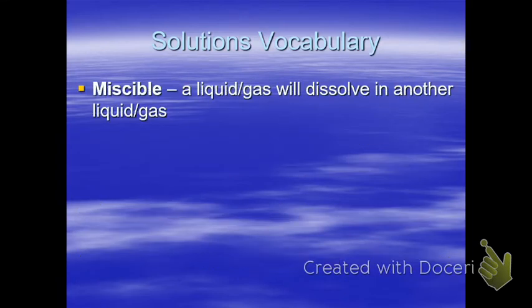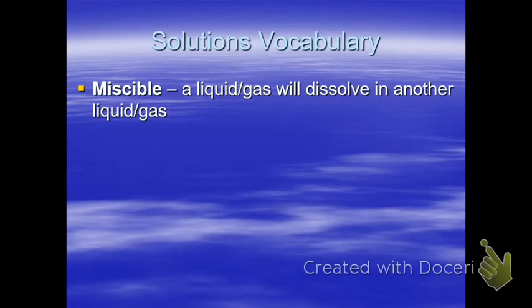The word miscible is similar to the word soluble, but it's a little bit more specific. It means a liquid or gas will dissolve in another. When we use the word soluble, we usually are talking about a solid solute, like table salt is soluble in water.